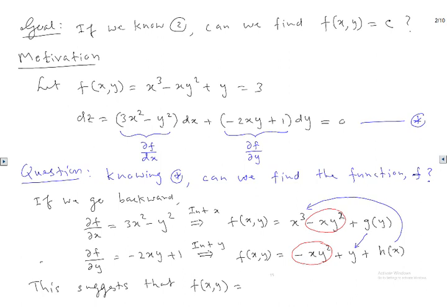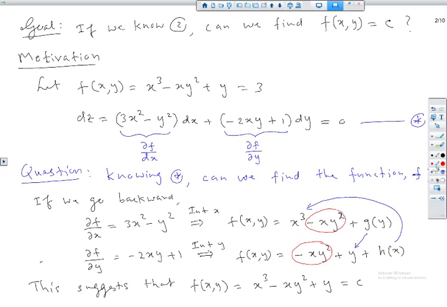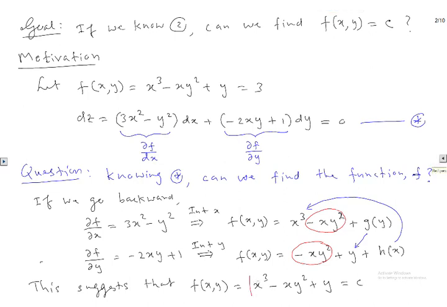What's the uncommon? x cubed is uncommon, and what's the common one? xy squared, and again what's the uncommon one? y. So that is the function you are talking about. You can say this equals a constant. So your function that you are looking for is this part. So that's the function you were looking for, and that's equal to c. Don't forget that you always need to set it equal to c.